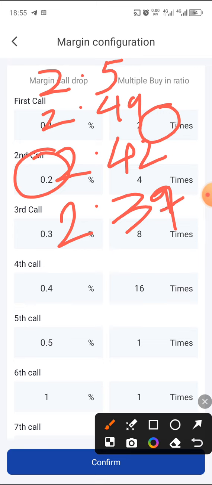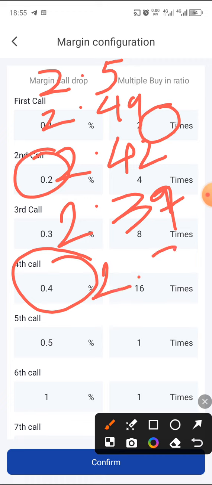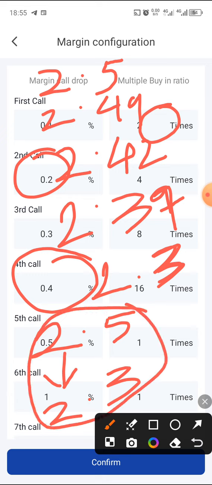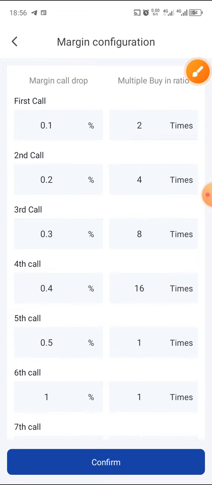And by the moment the robot buys the 4th margin call, you'll end up with an average price of like 2.3. So I hope you are getting the difference from 2.5 to 2.3. This is where the difference is. Mark these 2 points, the 2.5 and the 2.3.